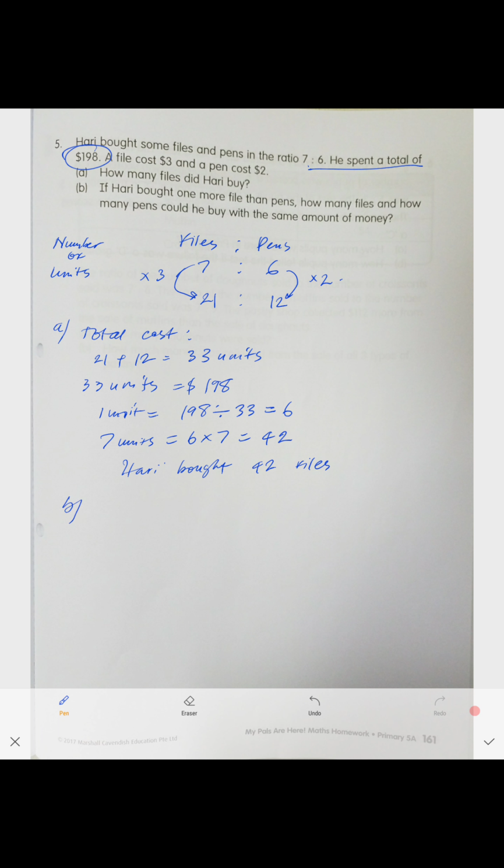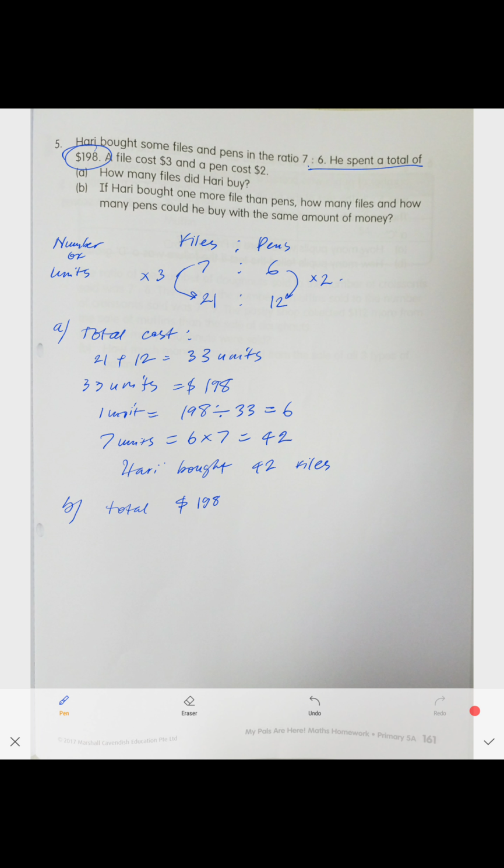Now we need to think about B. If Harry bought one more file than pens, how many files and how many pens could he buy with the same amount of money? Well, that's a little different condition. He spent a total of $198.